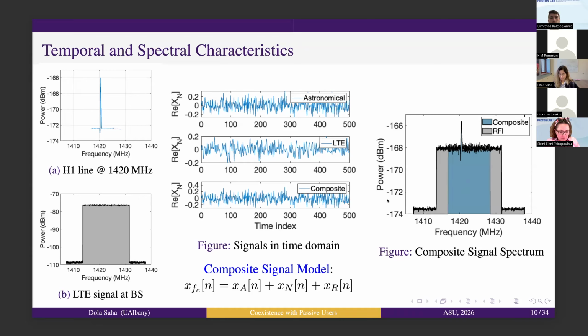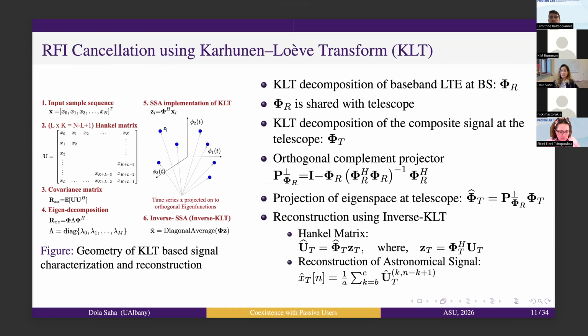Okay, so I won't go into the details of how we did the cancellation, but our first work used a DSP-based mechanism, a digital signal processing-based mechanism, where we first did the Karhunen-Loève transform to decompose the baseband signal, and that baseband signal, once decomposed, is shared with the telescope.